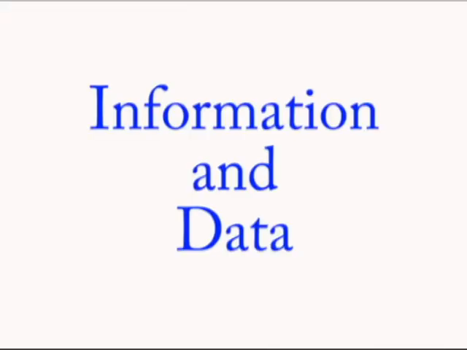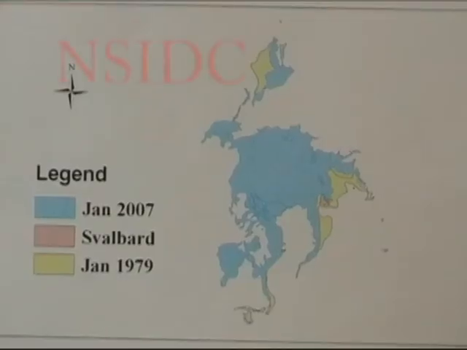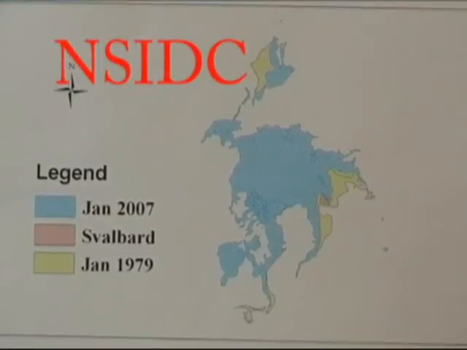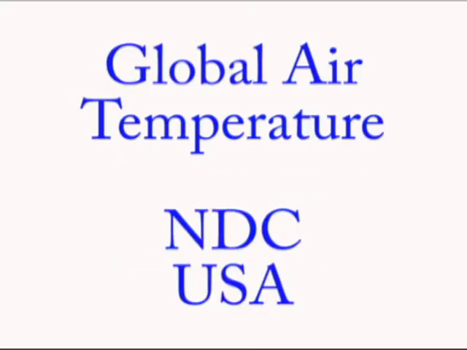Our information and data to prove these theories are field data that was collected by Jonas Åkerman during the past 3 decades, sea ice data that is being provided by the National Snow and Ice Data Center of the United States, wind data from the Norwegian Climatology Institute, local air temperature data, and also global air temperature data that is provided by the National Data Center.